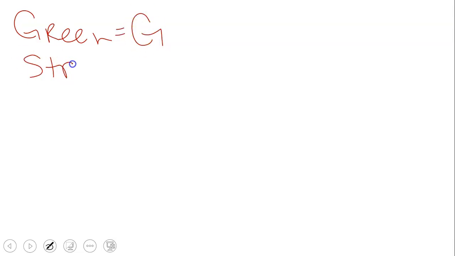Question number 8 deals with watermelon. In watermelon, the first thing we're going to do is color. Green is going to be dominant to striped, so I'll use big G for green and little g for striped.